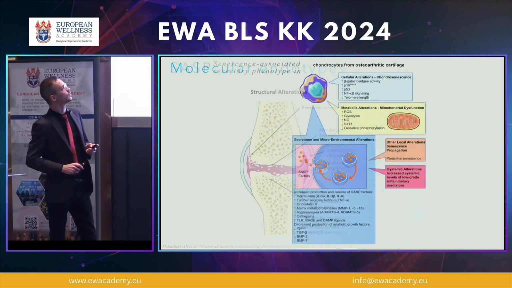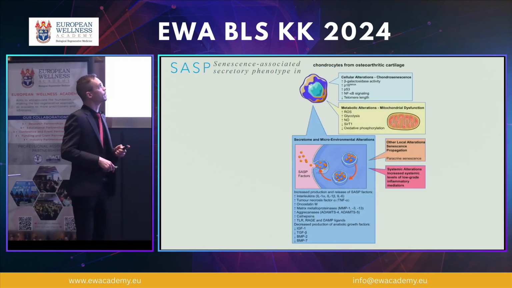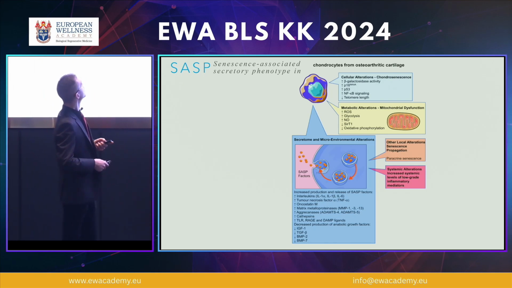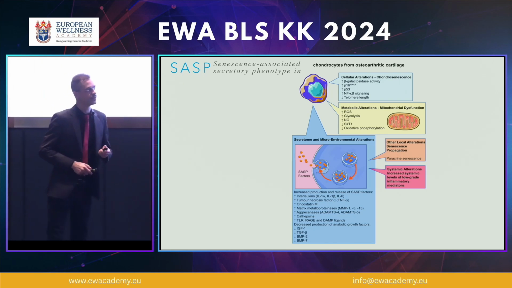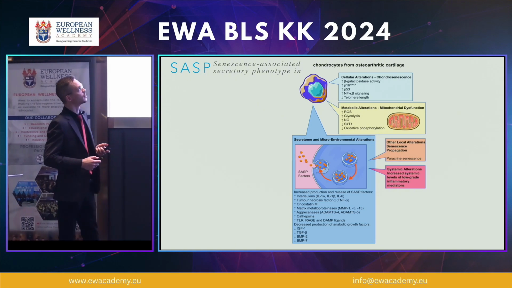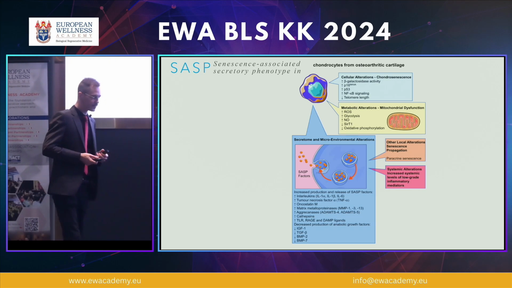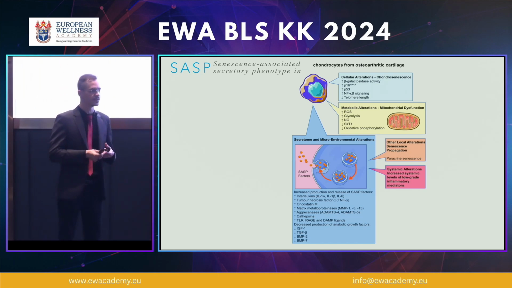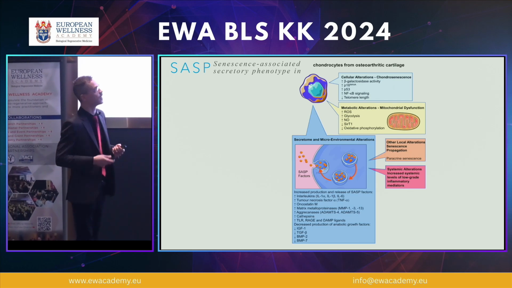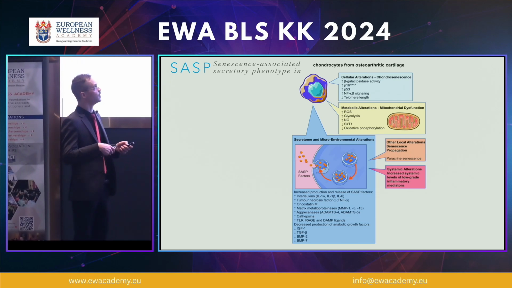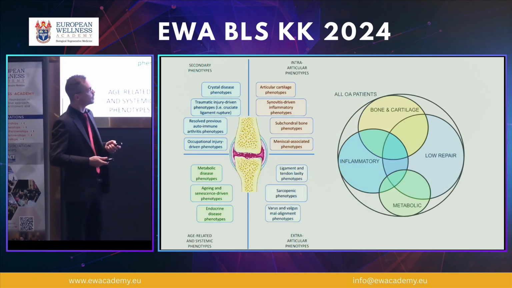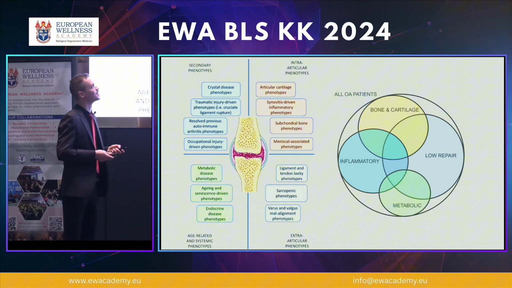Some of the molecular alterations can also characterize osteoarthritis. The chondrocytes themselves start exhibiting the so-called senescence-associated secretory phenotype, meaning the cells of the cartilage secrete what we can refer to as harmful cytokines and chemokines that even further deteriorate the environment in the cartilage tissue.